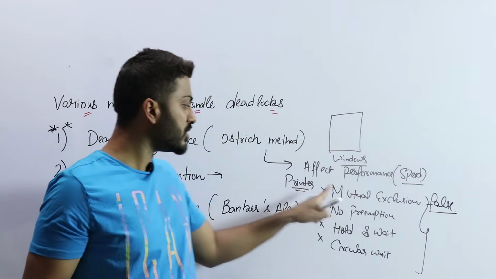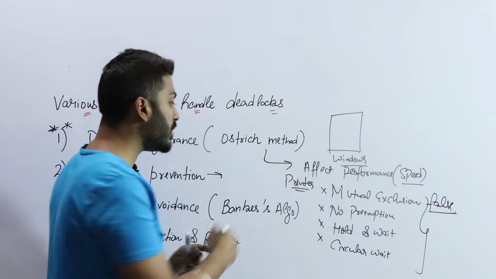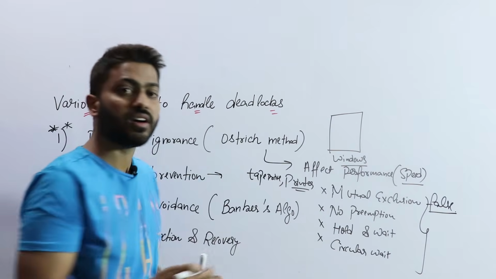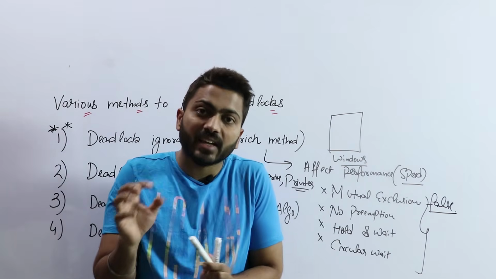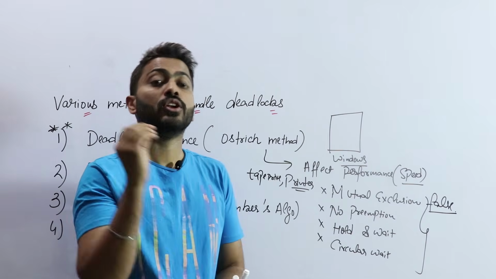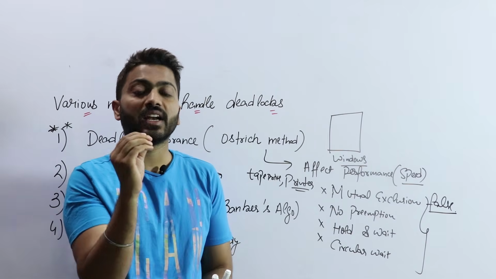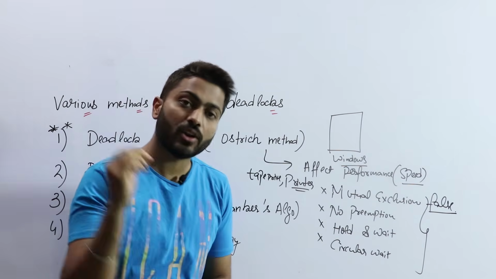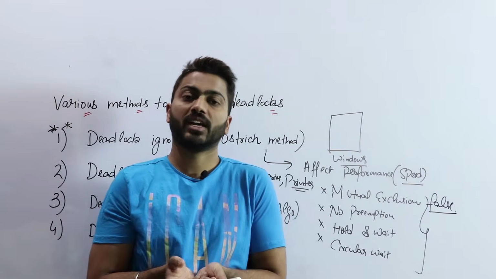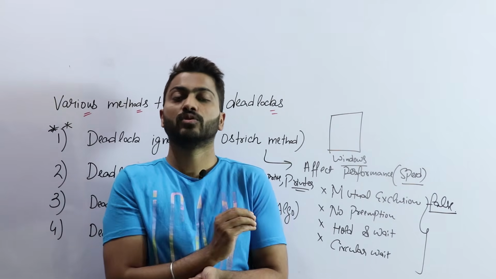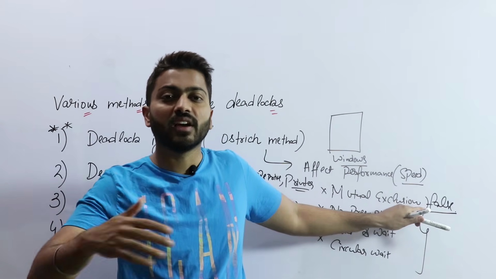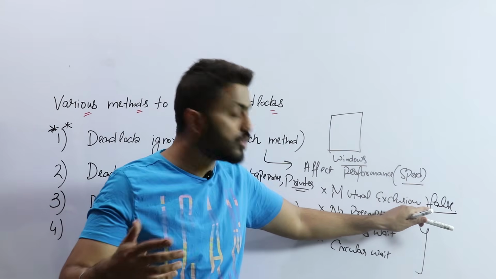But how can it be possible for a printer? How can it be possible for a tape drive? Because some of the resources are made such that they cannot be made shareable. They are non-shareable. Printer cannot be made shareable. So it is very hard to make this condition false.